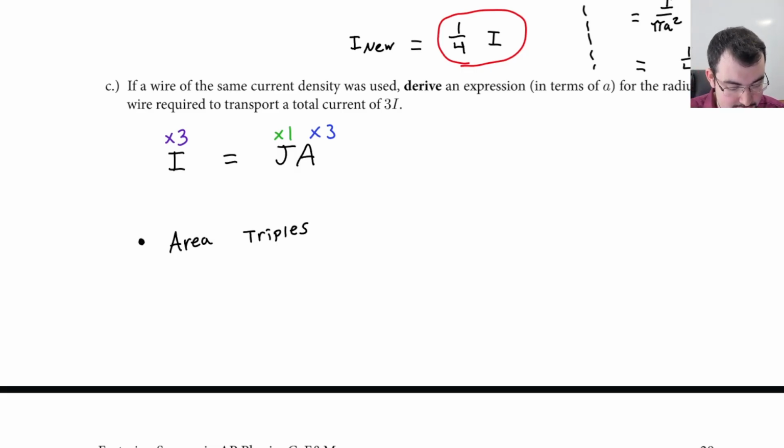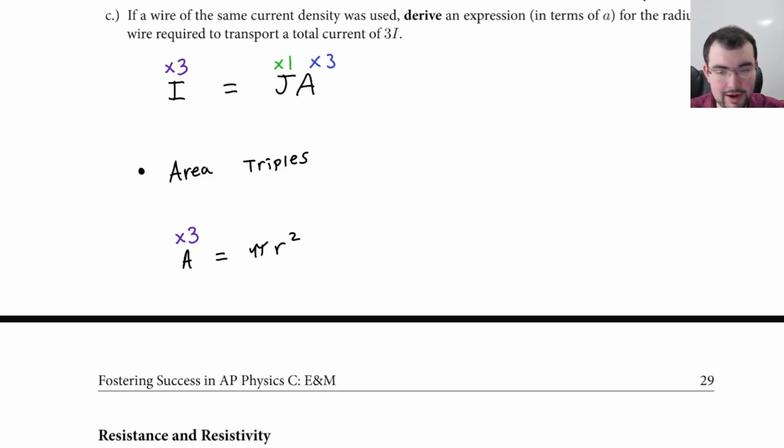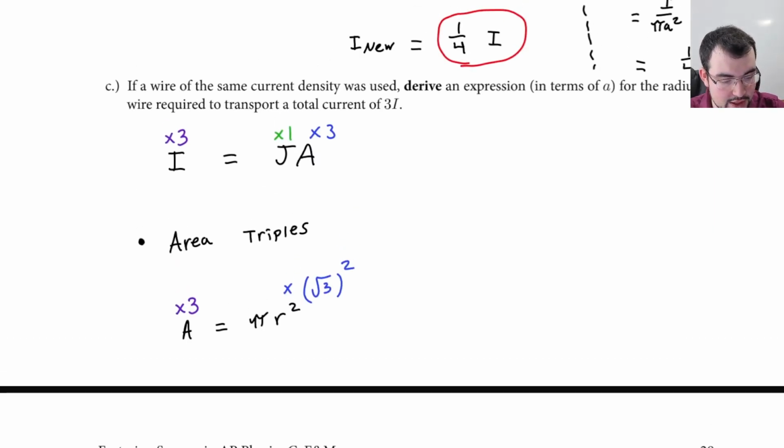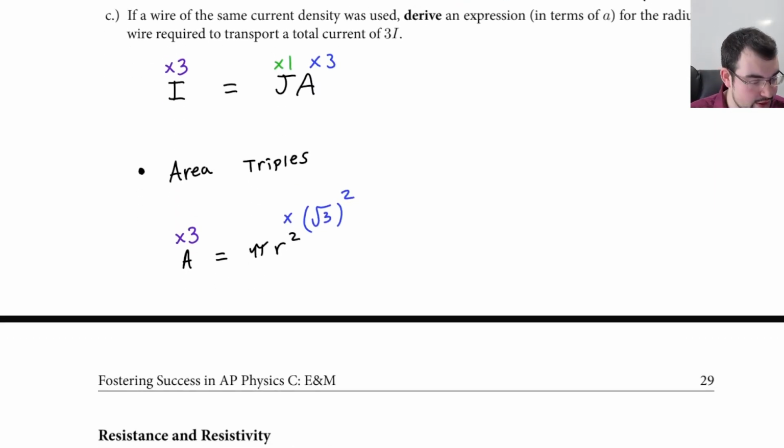This is a great intermediate step, but we also know that area is equal to pi r squared. So if I'm tripling the area, I have to ask, what needs to get squared to become 3? Well, of course, this is just going to be question mark squared equals 3, so that's actually square root 3. So in order to get triple the area, we need to root 3 our radius.